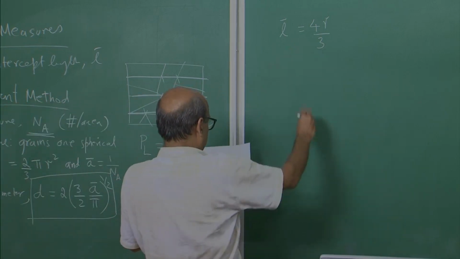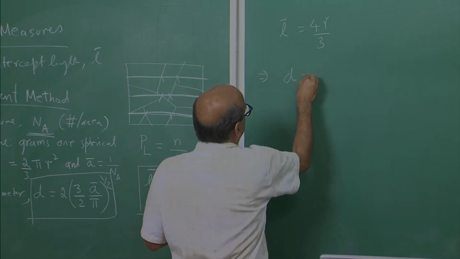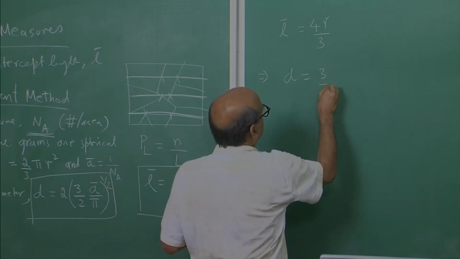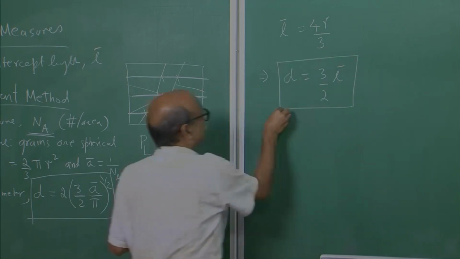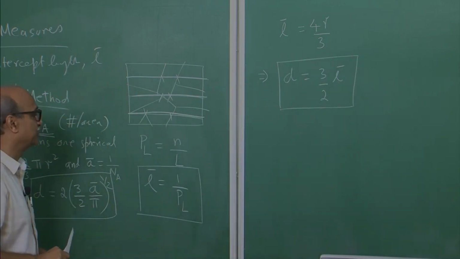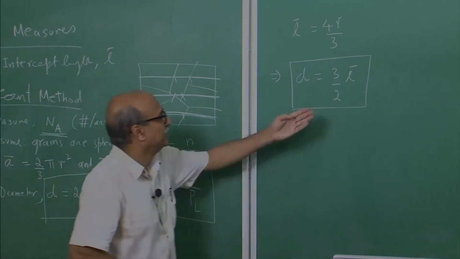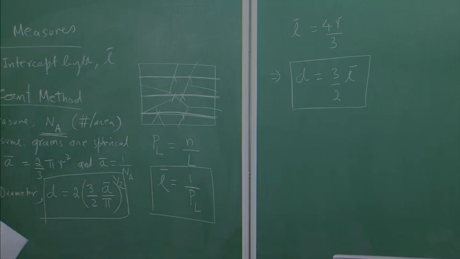From here, it is very clear that the average diameter of the grain in terms of the mean intercept length is nothing but 3 by 2 L bar. So, this is another grain size measure, where I can convert the mean intercept length into a grain diameter if it is reasonable to assume that the grains are spherical.